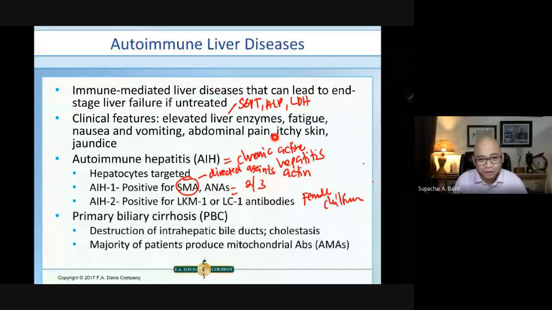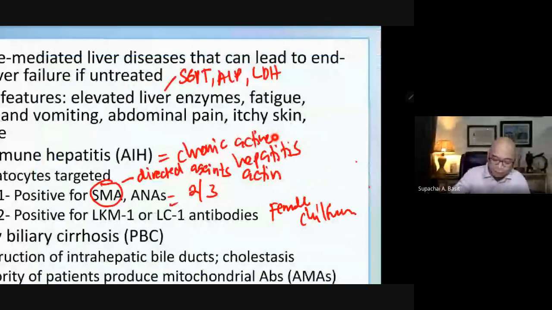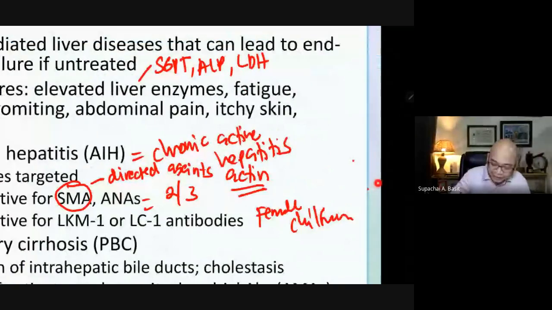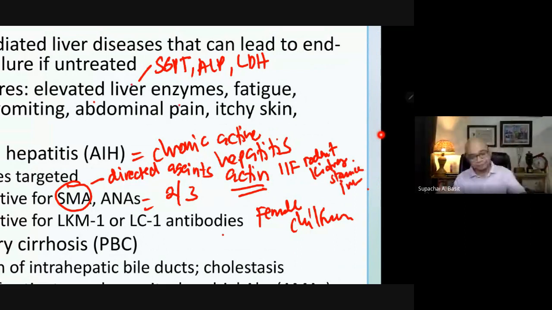So another component of the cytoskeleton. So usually we can determine this using indirect immunofluorescent assay. And we are using the substrate coming from the rodents. Again, rodents, kidneys, stomach, or liver.